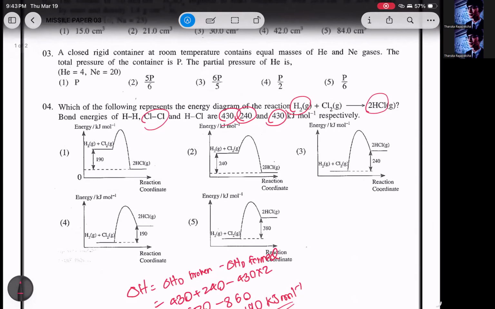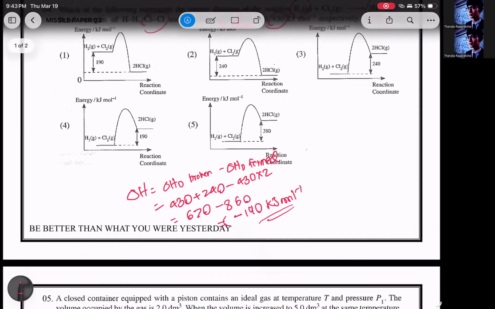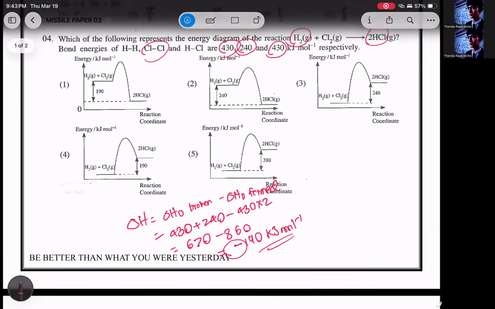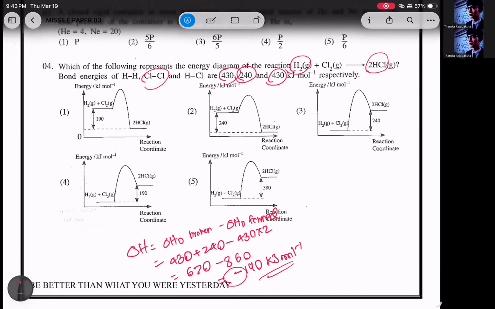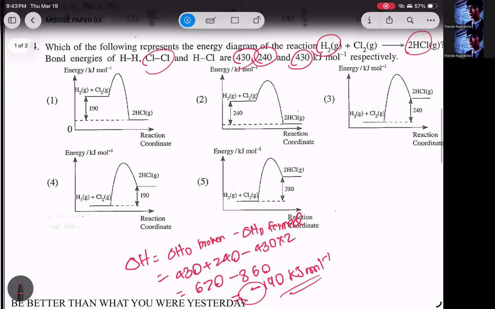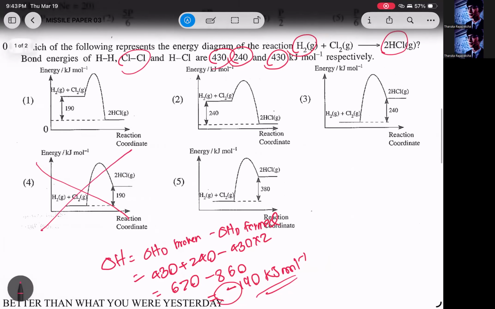Hence, we can tell that this is an exothermic reaction because the delta H is negative. So the final energy should be lesser than the initial energy, which will cause it to release energy, right? So it can't go like this. Products can't have a larger energy than the reactants.